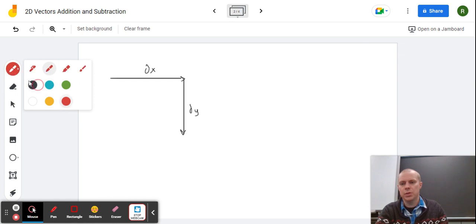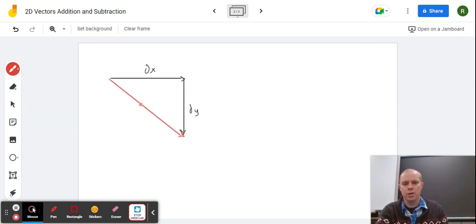So that means that my resultant vector now is just going to be the straight line connecting the hypotenuse of these 2 points. So delta dt squared is going to be dx squared plus dy squared.